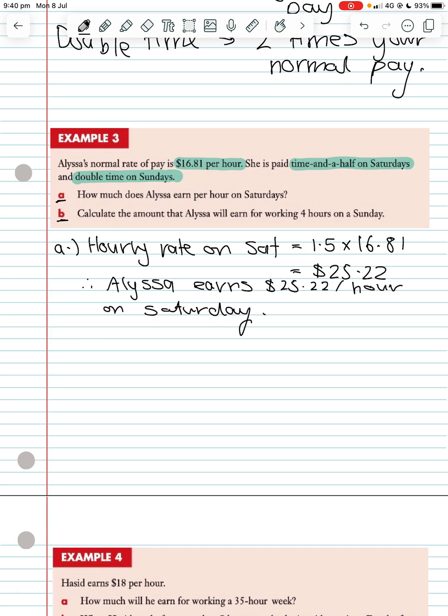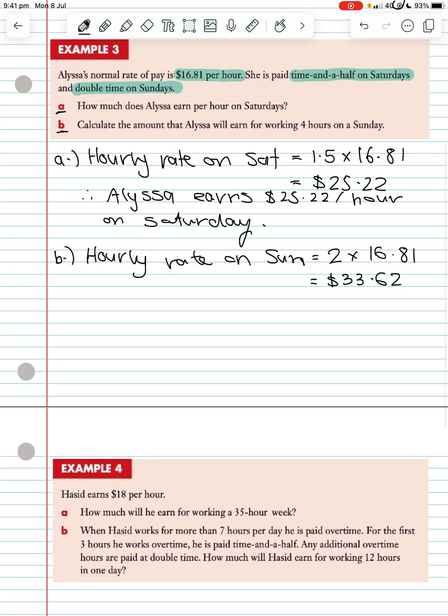Alright, for B, we want to calculate how much she'll earn for working 4 hours on Sunday. So what we want to do first is actually find out how much she earns per hour on a Sunday. So we're going to say hourly rate on Sunday. We know that it's double time, so it's going to be 2 times her $16.81, and that's going to mean she is getting paid $33.62 per hour.